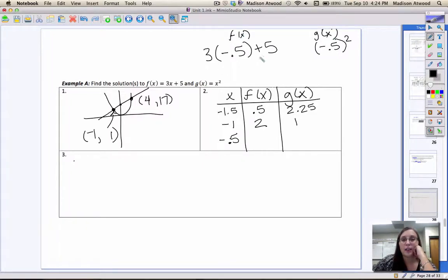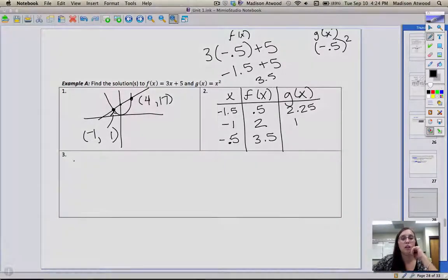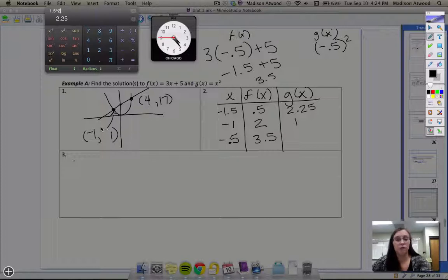So for f of x, I'm going to do 3 times -0.5, and that would be 3.5. And then g of x would be 0.5 squared, which I believe is 0.25.